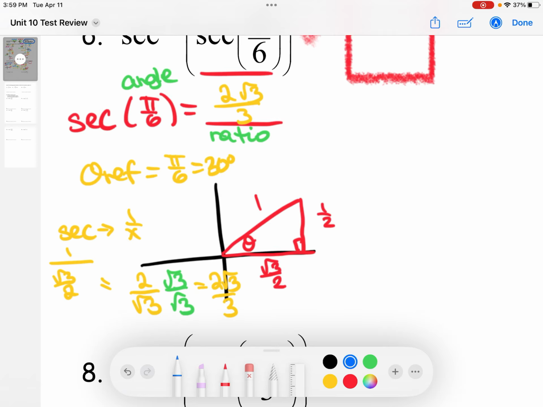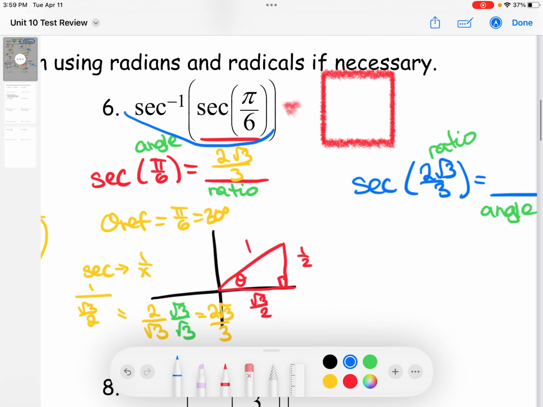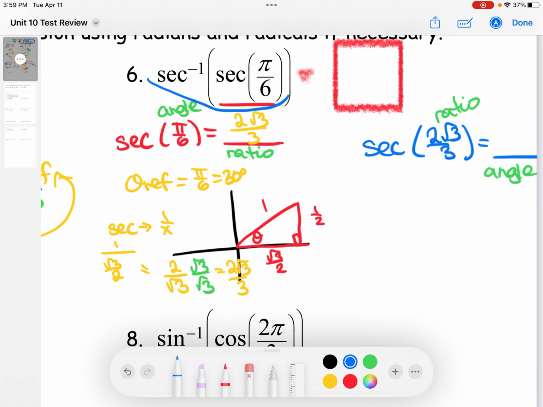Now, the second part of this is to do secant inverse of that result. So we'll do secant inverse of 2 root 3 over 3 equal to something. That 2 root 3 over 3 is a ratio. Our final answer here will be an angle. Now, that 2 root 3 over 3 came from 1 over square root 3 over 2.